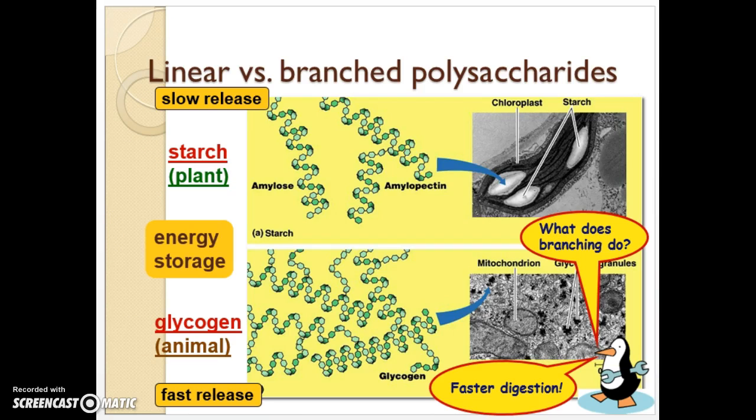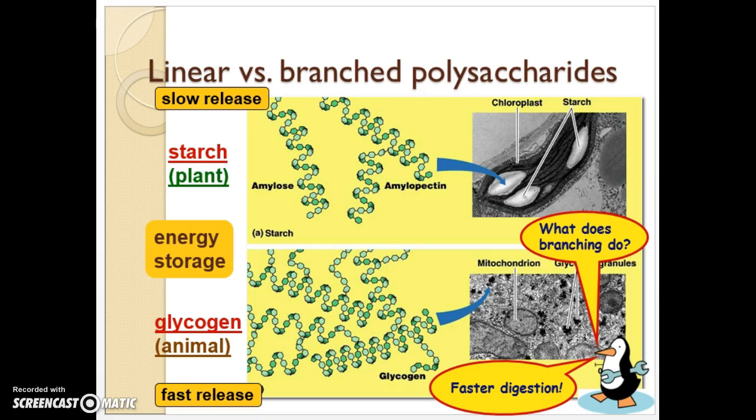So the energy storage molecules of starch and glycogen actually can take different structural forms. There's either a linear or a branched form of a polysaccharide. And starch is more of the linear form, and glycogen is more of the branched form.